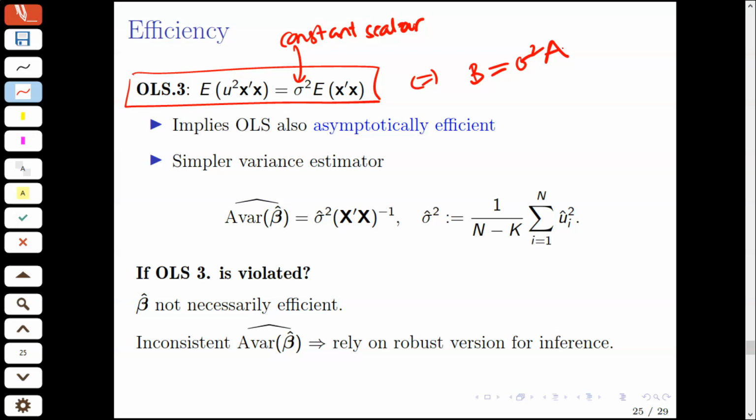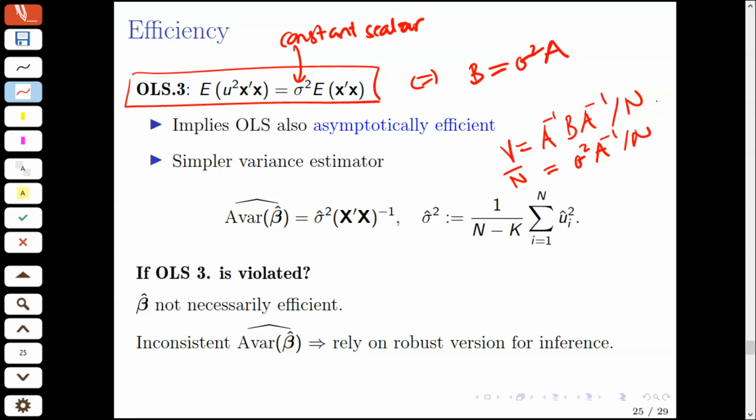Now, with this additional OLS3 assumption in play, we can exploit the additional structure to show that the asymptotic variance, divided by n, simplifies to sigma squared A inverse over n.